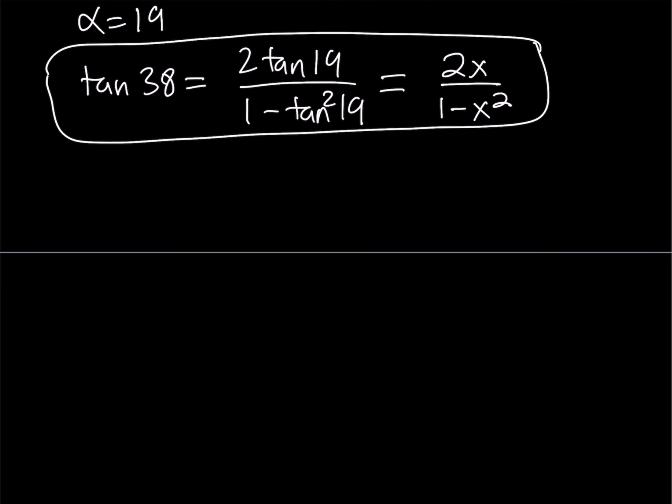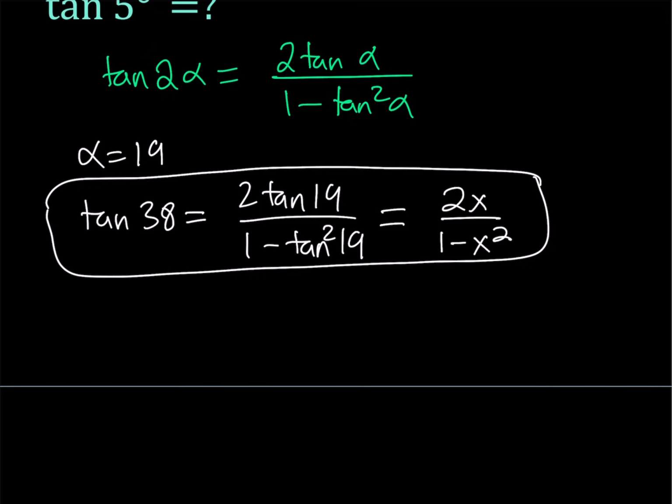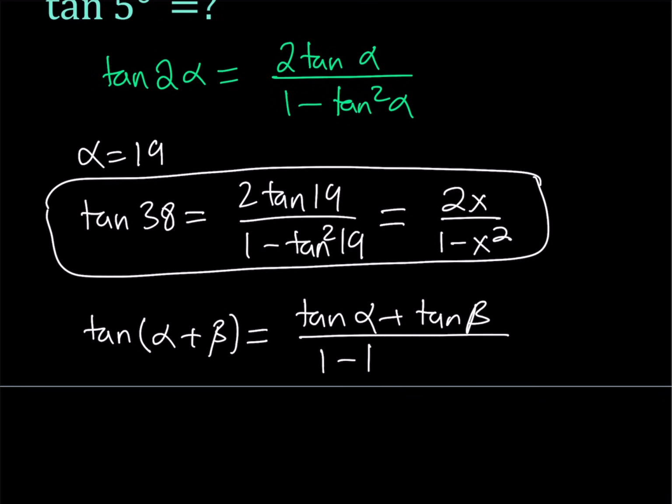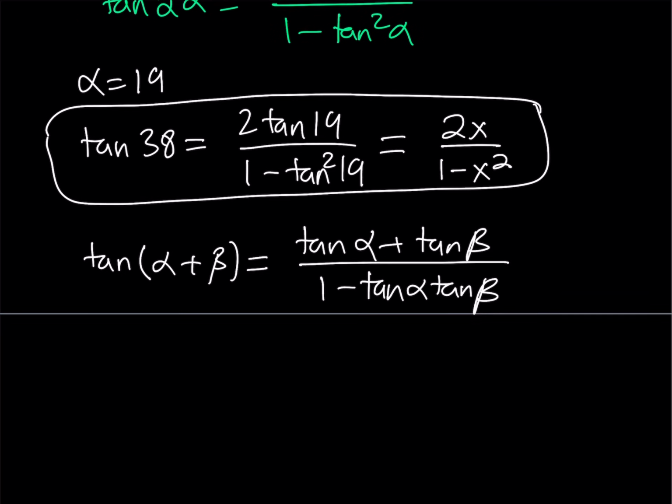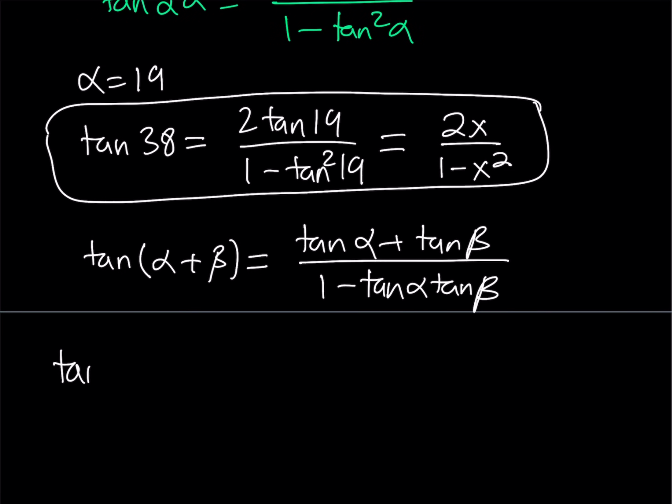Now, the next thing I'm going to do, since I know the 38 and the 19, is use the sum formula. Tangent alpha plus beta can be written as tangent alpha plus tangent beta divided by 1 minus tangent alpha times tangent beta. So I can write tangent 57 as tangent of 38 plus 19. In other words, I'm using the triple angle formula without using the triple angle formula.